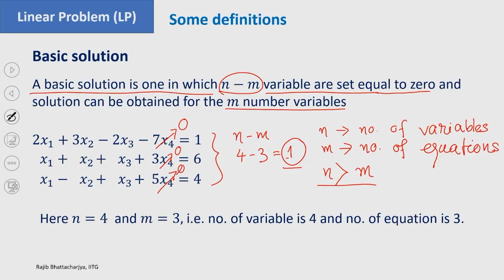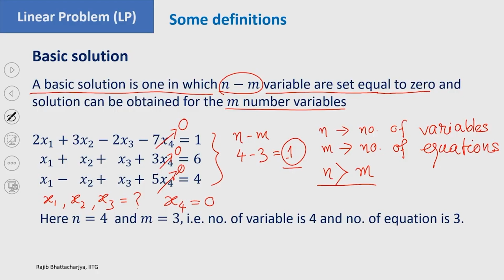Then now I have x1, x2 and x3, so I can find the values of x1, x2, x3, and x4 is equal to 0. In that case I will say that whatever solution I am getting is a basic solution. I hope this is clear.